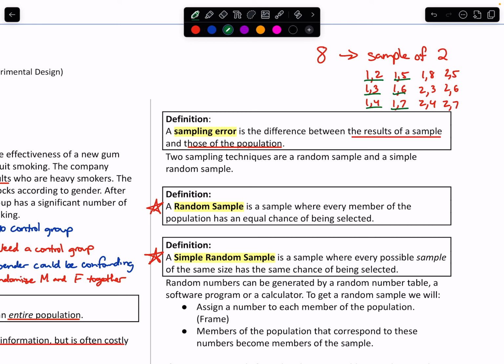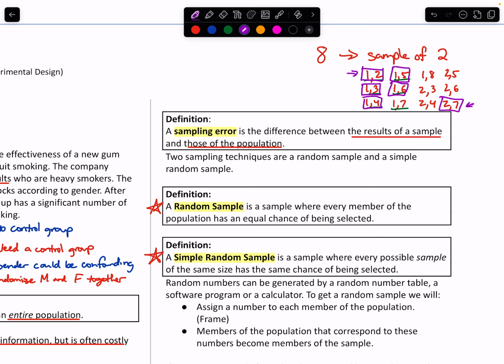Okay, from that, does every single sample, each individual grouping, not just person, but each individual grouping, have the same chance of happening? Okay, if I picked 2 people, is the chance of getting a 1 and 2 the same as getting a 2 and 7?